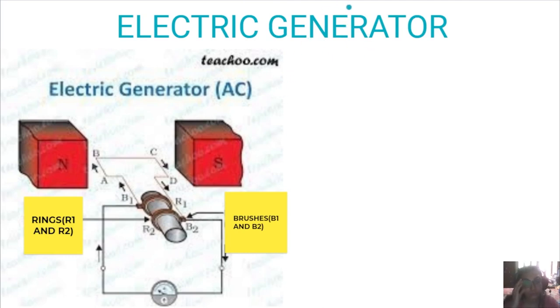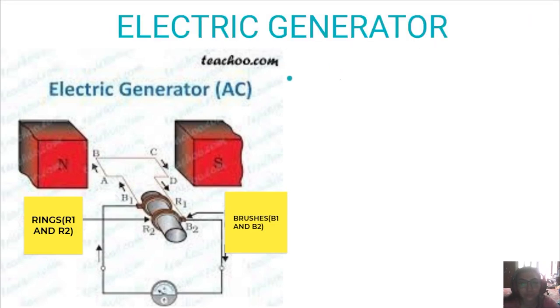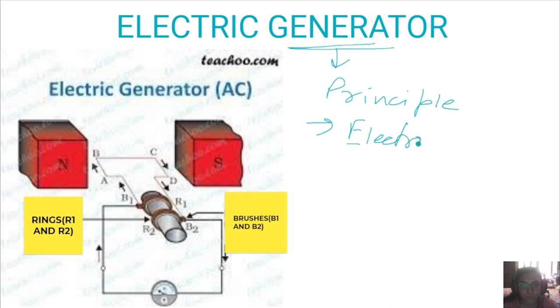So here there is an electric generator which uses the principle of electromagnetic induction.